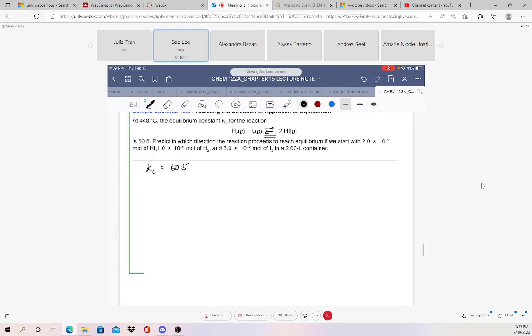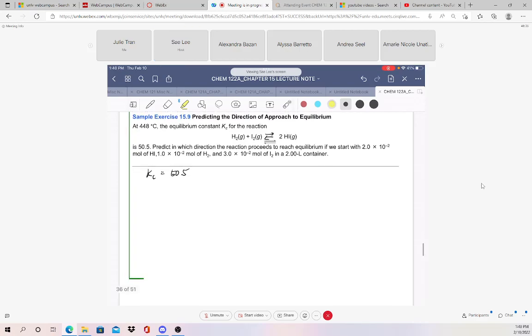Okay, so we are given the initial concentrations. So this is a concentration not at equilibrium. Oh, they didn't give us the concentration, they gave us the moles.